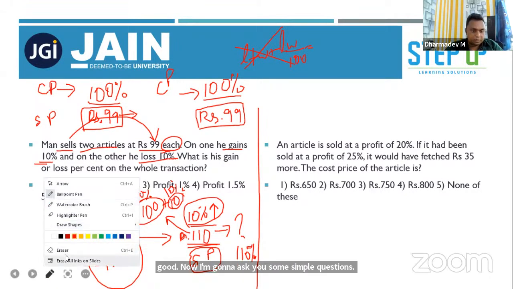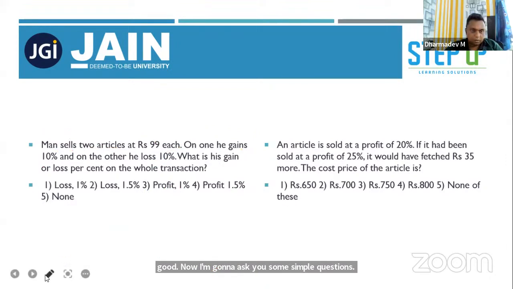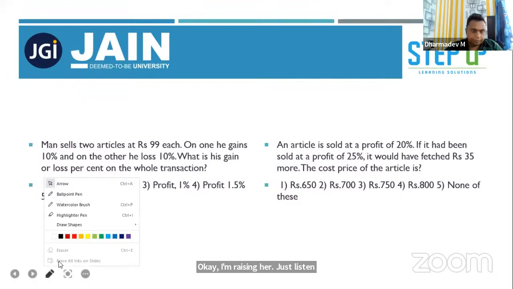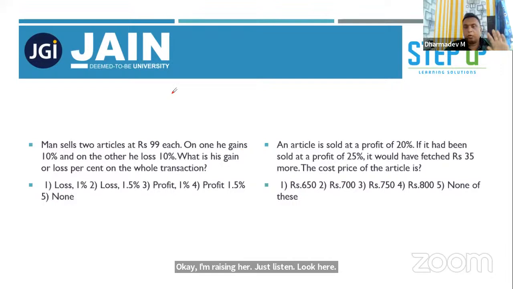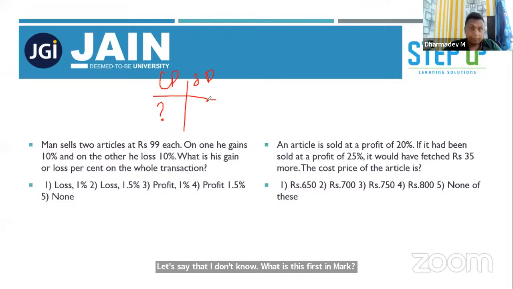I'm erasing it. Just listen. Look here. I don't know what the cost price of any article is. Let's say that I don't know what this question mark is. I have the selling price with a profit or loss.